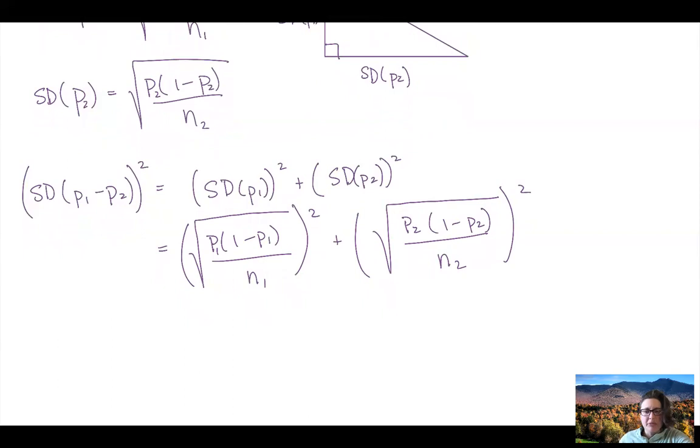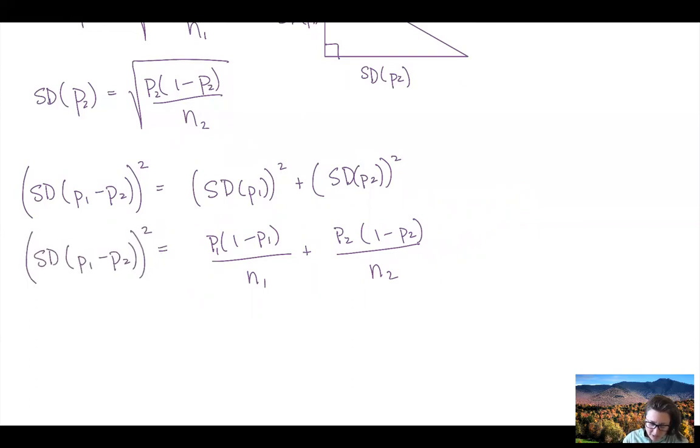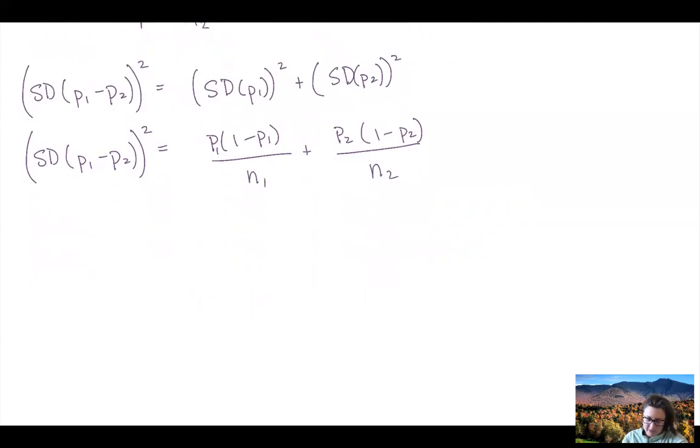And as you hopefully remember, when you square a square root, they essentially cancel themselves out. So this square is going to cancel that part out, and this squared will cancel this part out. If we look over to the left, it's still not equal to what I want it to be equal to, right? This standard deviation is still squared, so really it's equal to the variance right now.